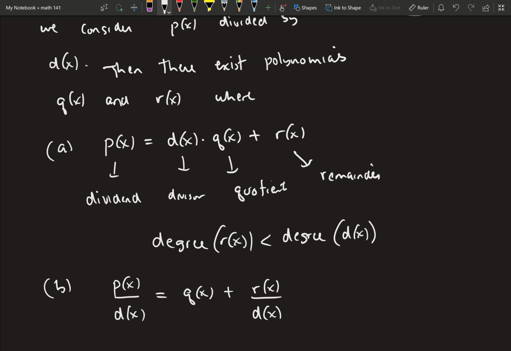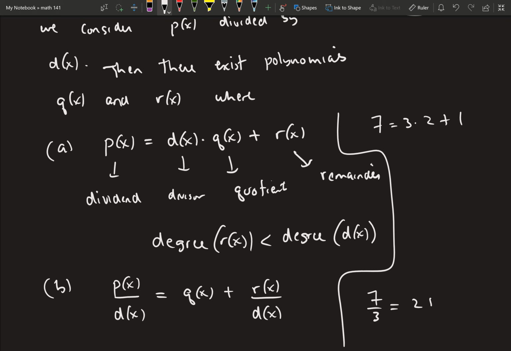So this is version B, and this is analogous to, again, in numerics, 7 equaling 3 times 2 plus 1, or 7 divided by 3 is equal to 2 plus 1/3. This is exactly analogous to these, except we're dealing with polynomials.